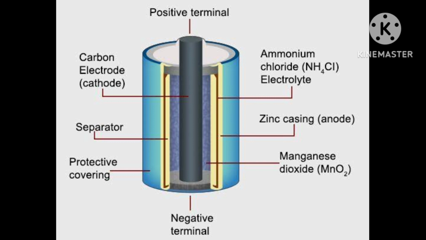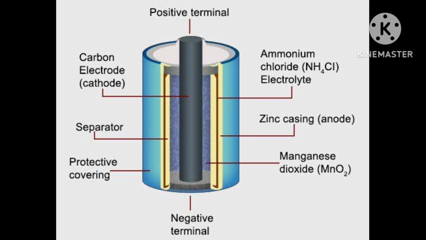The zinc container itself also acts as the anode, means here the anode is Zn, and the cathode is carbon, also called a graphite rod. You might have seen, if you open any battery, you will find a white type of thing, like aluminum.